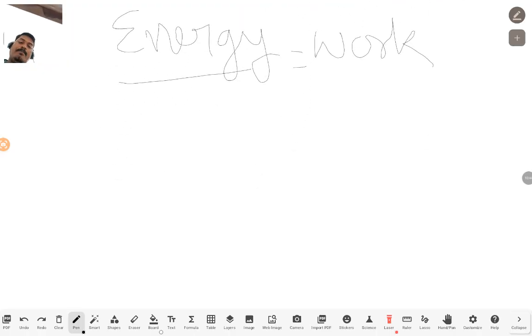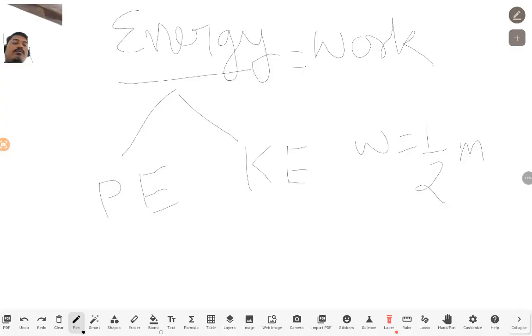Clear? We can classify energy in many parts, but in this condition, we are just going to consider only two: potential energy and kinetic energy. I think you know that at your level, it is a very famous formula. That formula of kinetic energy is W equal to half mv square.